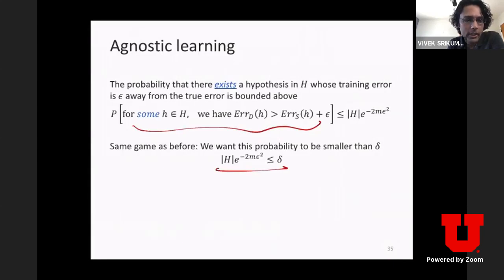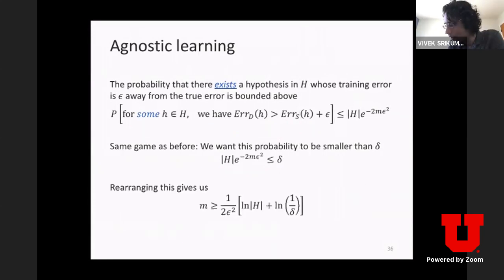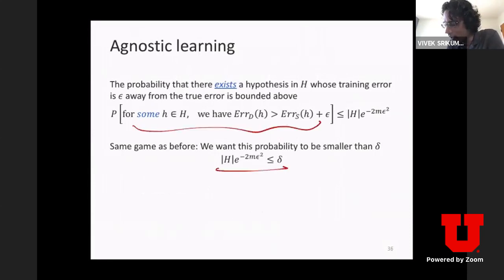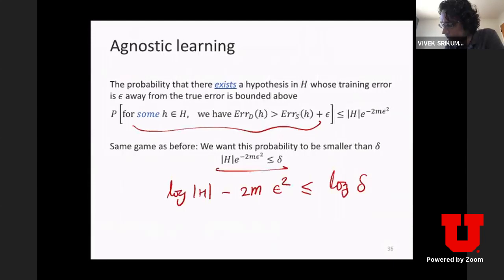So now we have an expression that involves only symbols, so we can apply the usual symbol manipulation. I can do that very quickly. I can take log on both sides. So I have log size of H minus 2m epsilon squared is less than or equal to log delta.